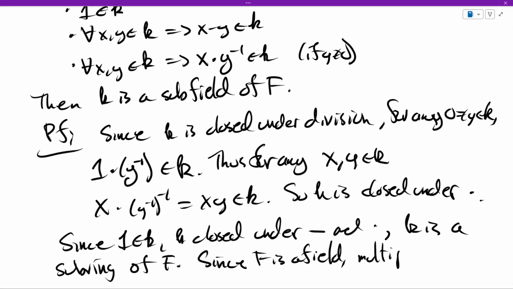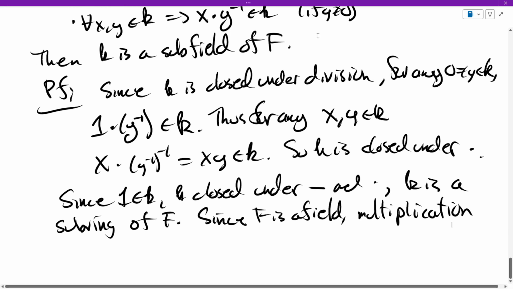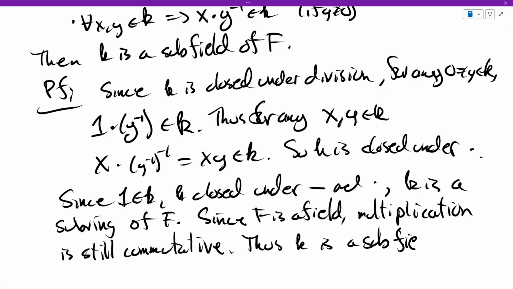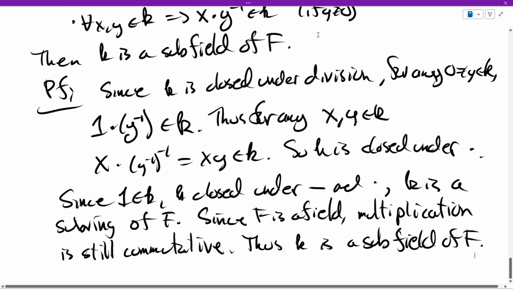Multiplication remains commutative in K. It can't be non-commutative because it's commutative for a bigger set. So K is a subfield. That is a subset that's also a field, and the field structure is inherited from F.